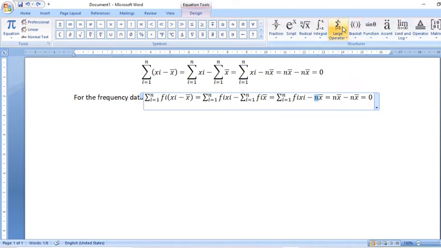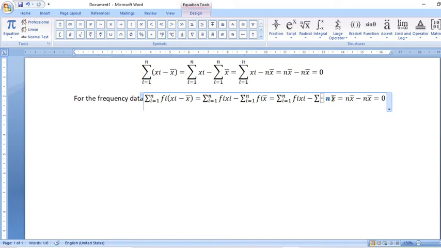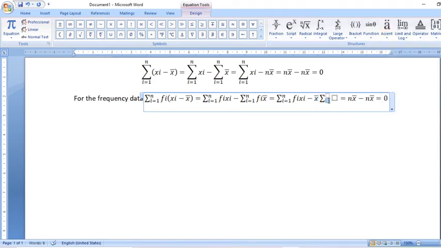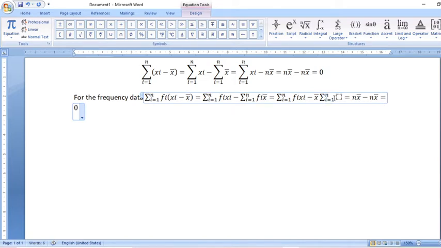Let us put the summation here, because this x bar should come here. X bar is taken outside, and the remaining term is summation i from 1 to n of fi.